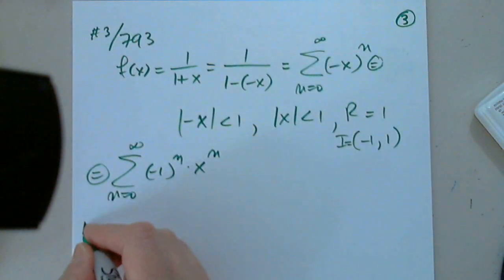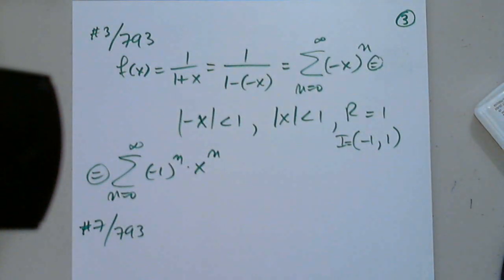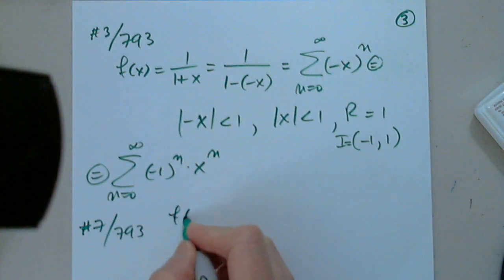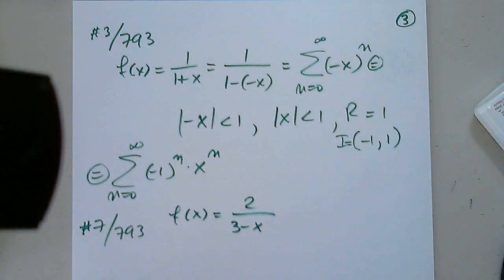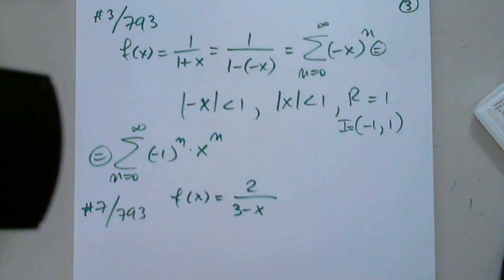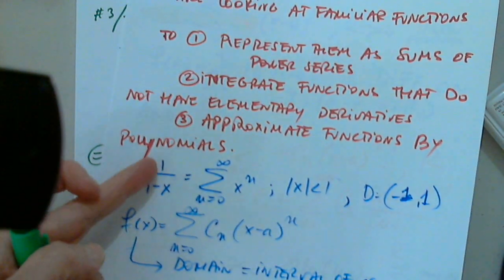Okay, moving on to number 7 on the same page. The question is the same, but we are given f of x equals 2 over 3 minus x. Again, we're trying to use the same procedure because it's the same type of function.